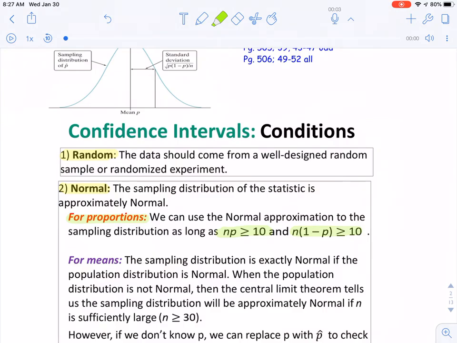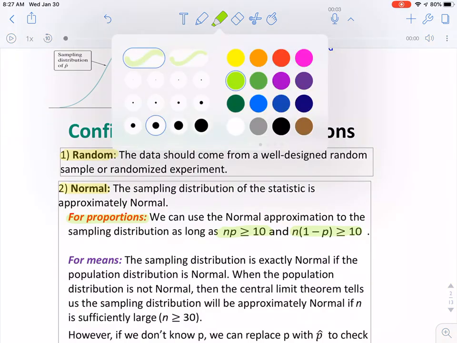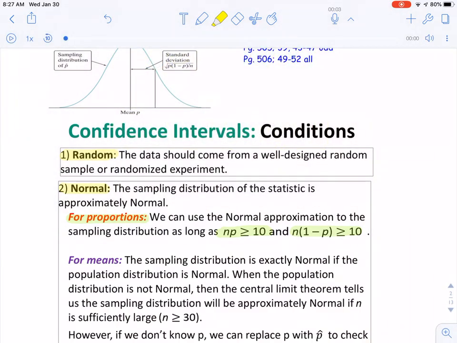Those values both have to yield numbers greater than or equal to 10 in order for us to conclude normality.